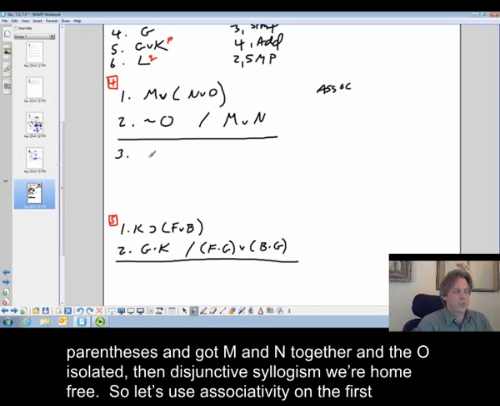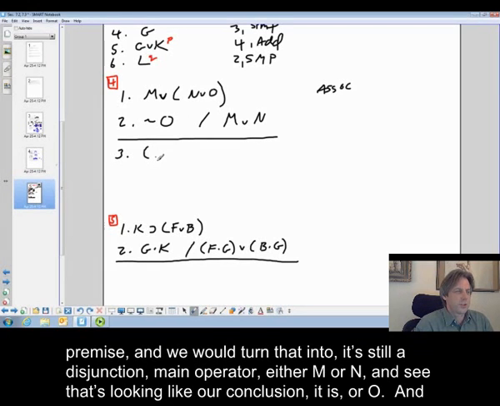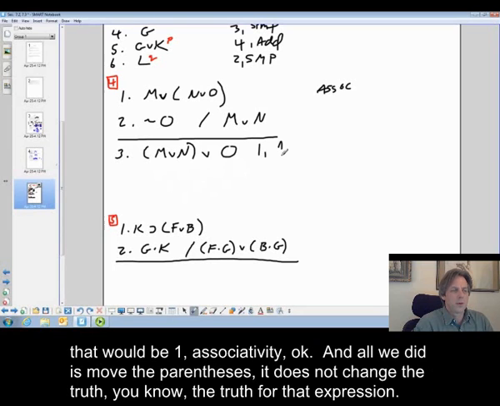So let's use associativity on the first premise, and we would turn that into, it's still a disjunction, main operator, either M or N, and see, that's looking like our conclusion a lot, it is, or O, and that'd be 1 associativity, okay, and all we did is move the parentheses.